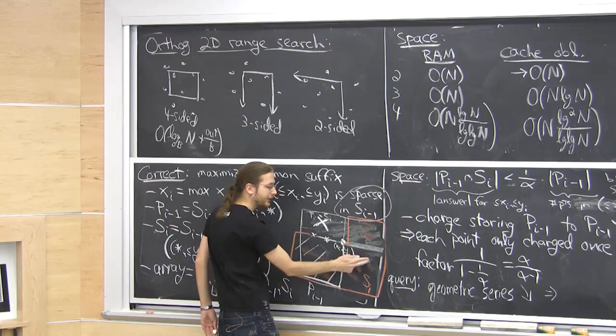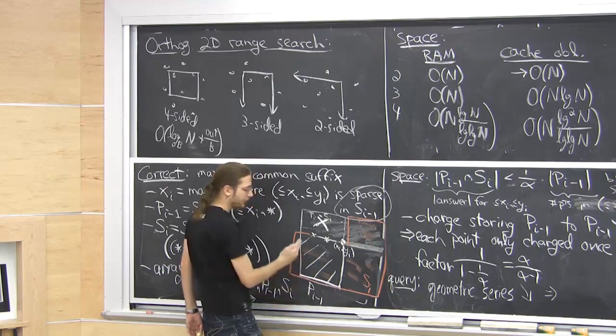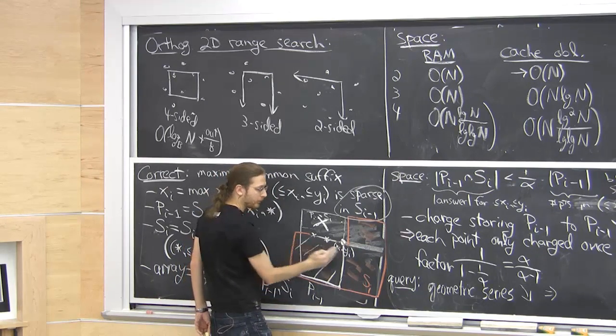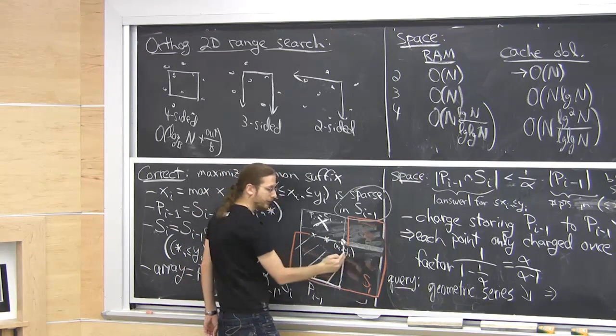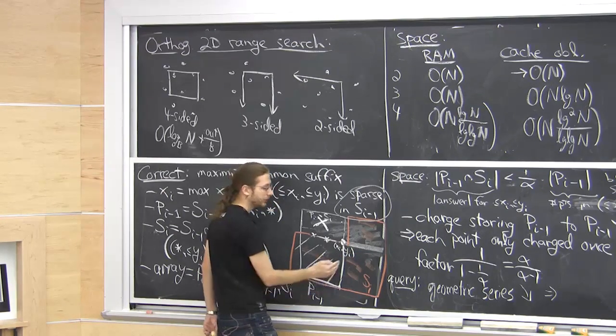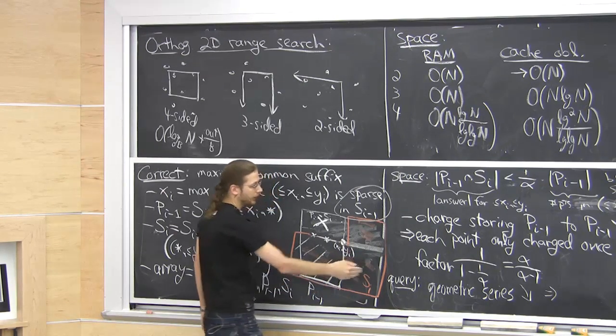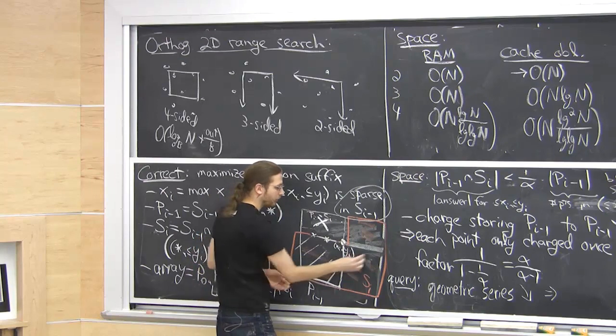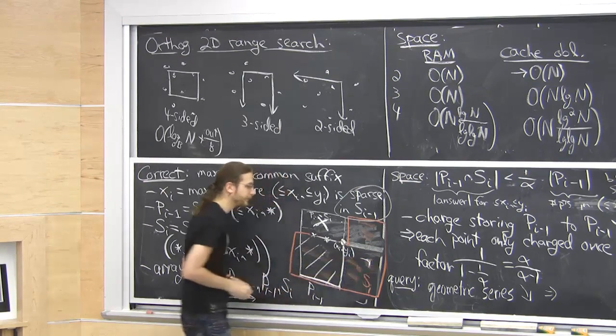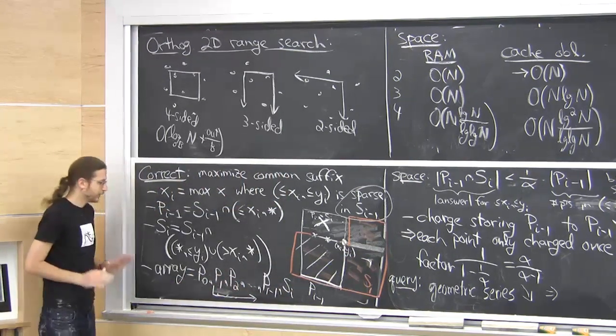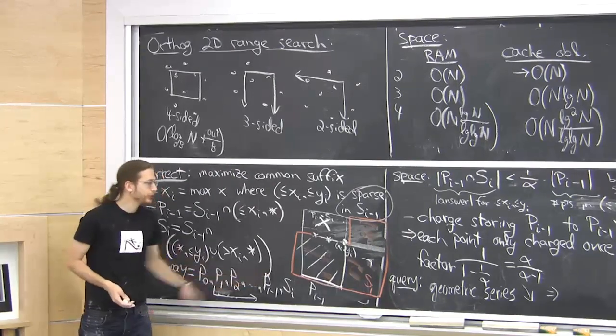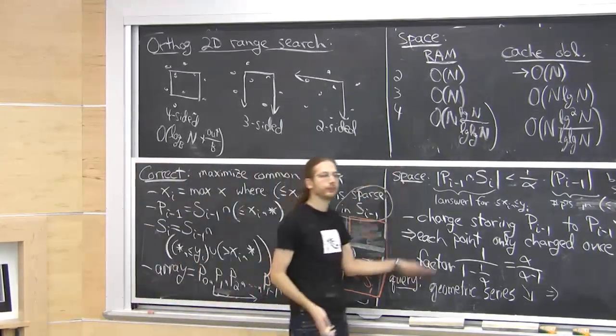Okay, when the query is down here, we need to report on these points. Then we're going to have to do more. That's going to be PI plus 1. And so we'll do more and more PIs until we get to our actual query here. Okay, but in any case, the claim is that this is geometrically decreasing by the same charging scheme.